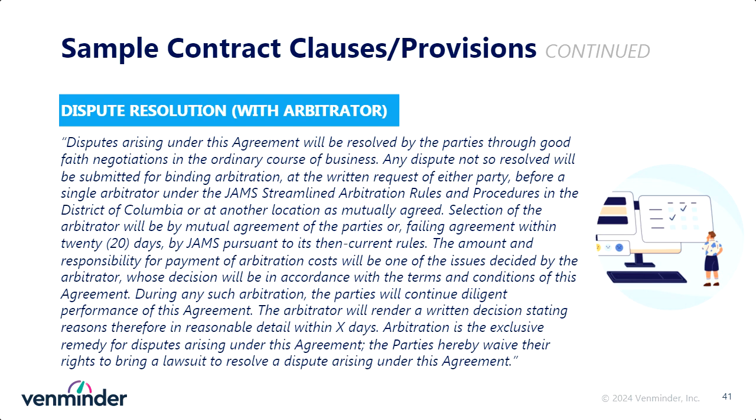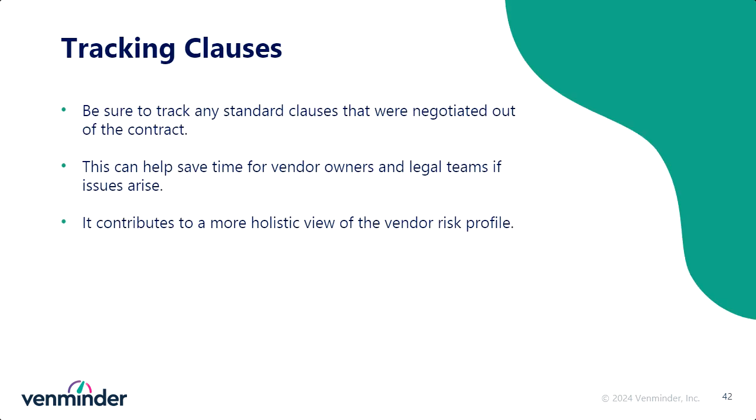And again, I did not cover all of the contract clauses or potential contract clauses. I just provided some sample clauses for a subset of them. So I just want to make sure that it's clear that you won't get all of them. A couple of final comments on contract clauses. Be sure to track any standard clauses that you negotiated out of a contract.